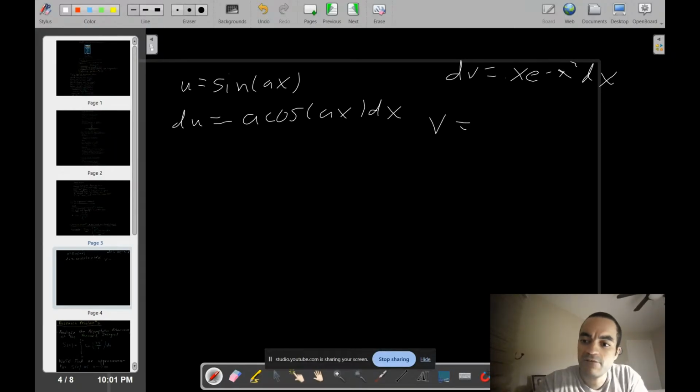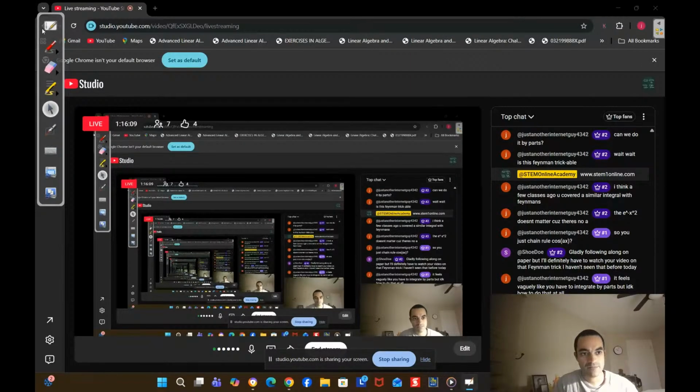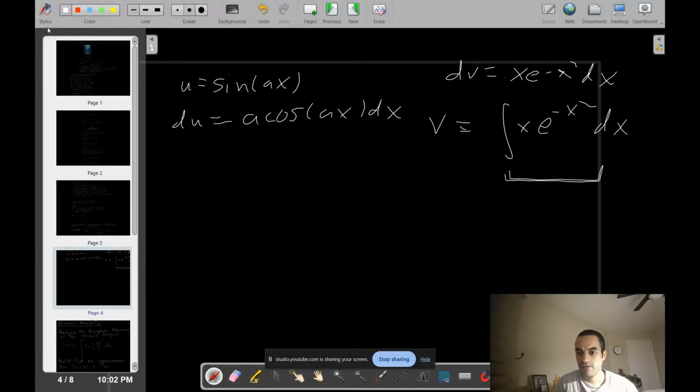My v means that I have to integrate this. So integrate x e to the negative x squared dx. You guys should know how to do this. How do we integrate x e to the negative x squared? We have to do some type of integral technique to get the antiderivative of dv to get v.